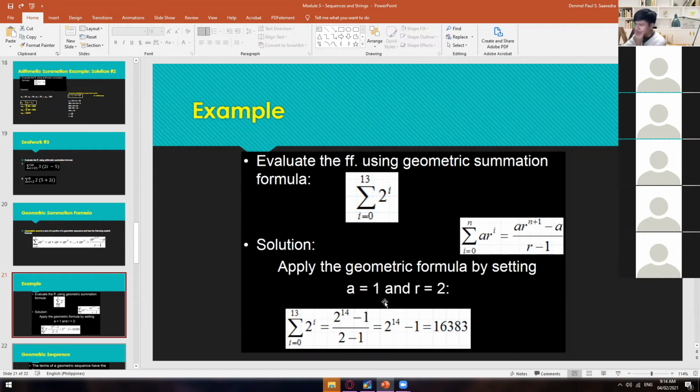Wait, I'm the one now who's confused with what I made. So apply the geometric function, setting a equal to 1 and r equal to 2. So 2 raised to i is equal to 2. 1 times 2 raised to n plus 1.